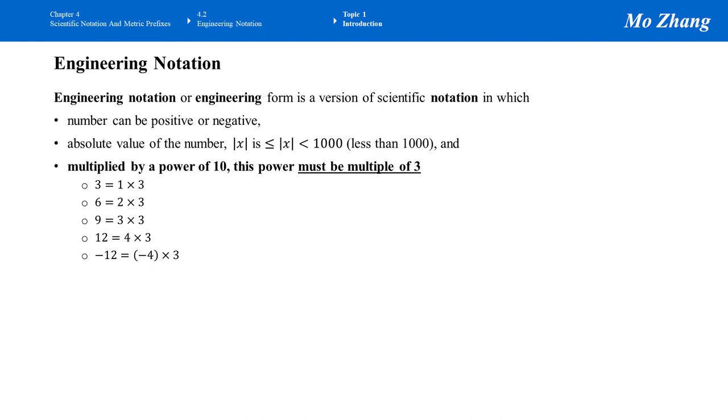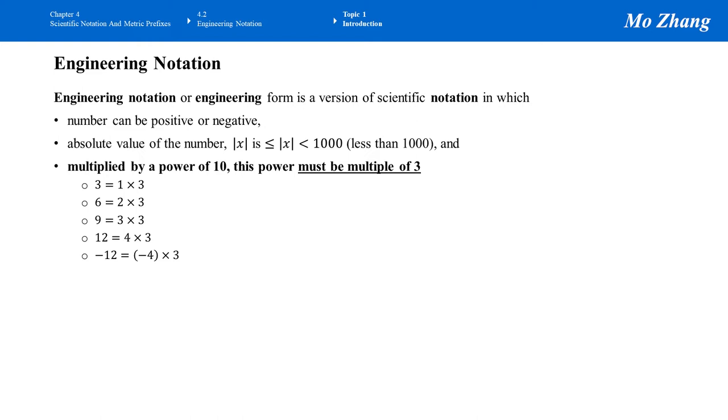It's okay to be negative 12, negative 15, negative 3, negative 9, negative 6, as long as the exponent is a multiple of 3. An exponent that is not a multiple of 3 is 2, or 5, 7, 11, 22. These numbers are not multiples of 3.